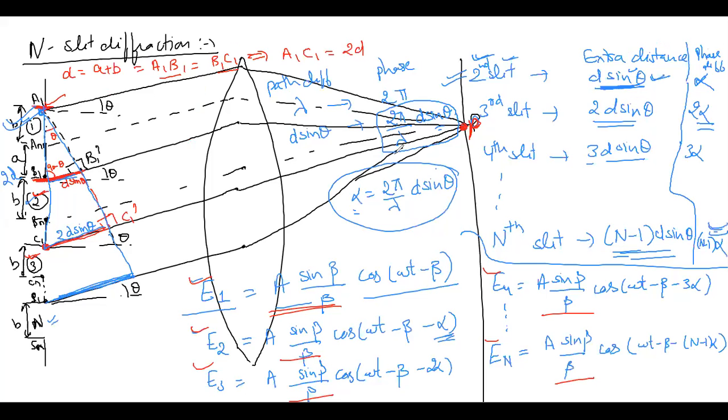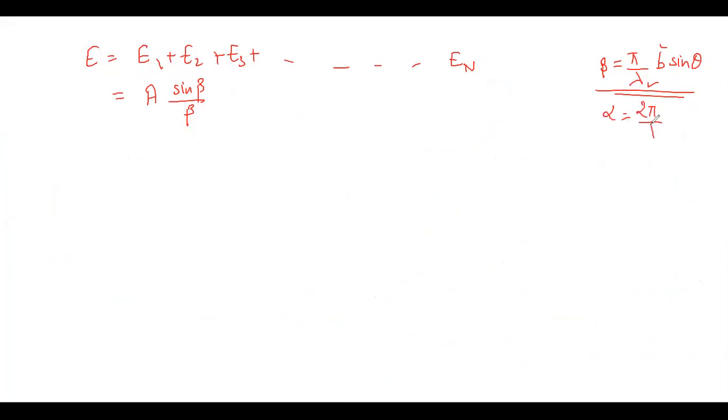Alpha is nothing but 2 pi by lambda times d sine theta. Again, everything is known. Lambda, incident wavelength, known. D, the grating element, is the sum of your slit width and the opaque thickness. Theta is again the angle of diffraction.